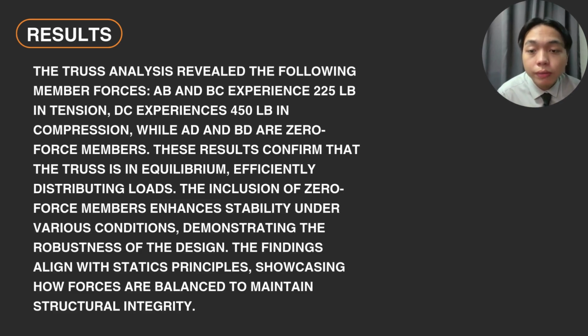The inclusion of zero force members enhances stability under various conditions, also demonstrating the robustness of the design. The findings align with safety principles, showcasing how forces are balanced to maintain structural integrity. And that is all about the results. And the previous part was about the calculation and how we get the result itself.